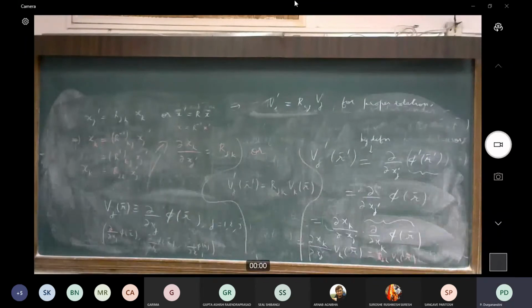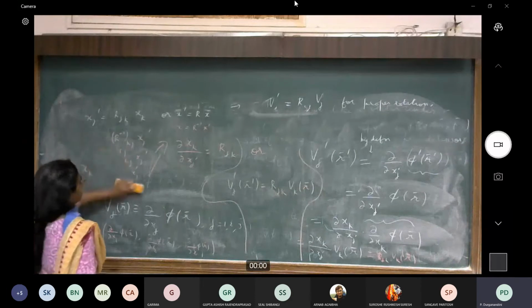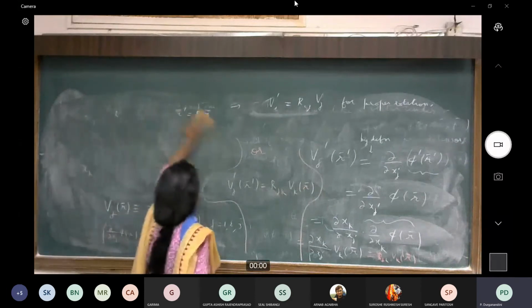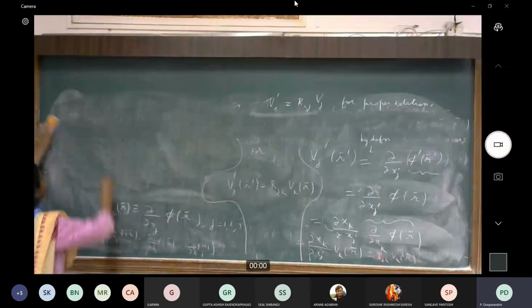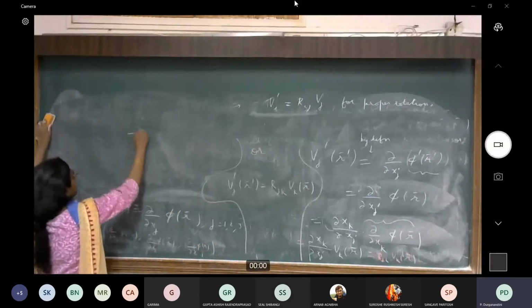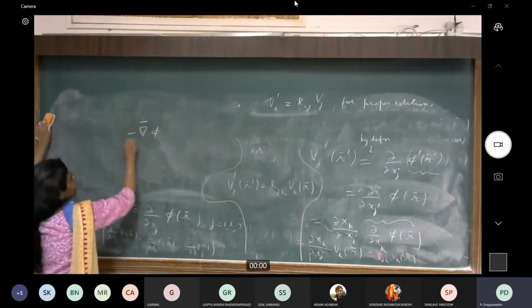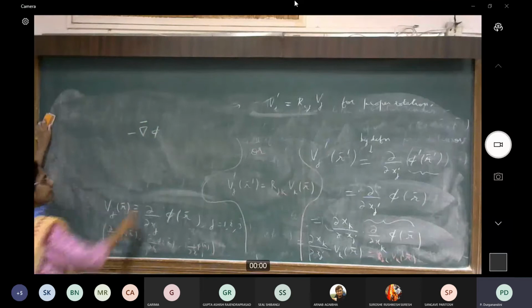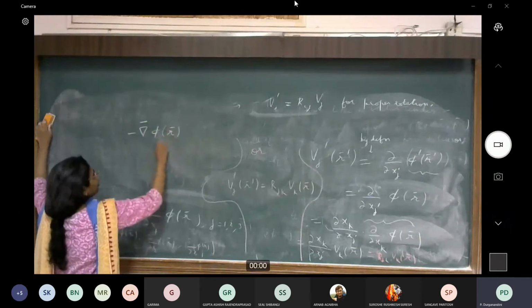Now if I go back to the physics example, if I have my electrostatic potential, and I put in the extra minus sign, the minus sign shouldn't change anything. So our electrostatic potential is a scalar.